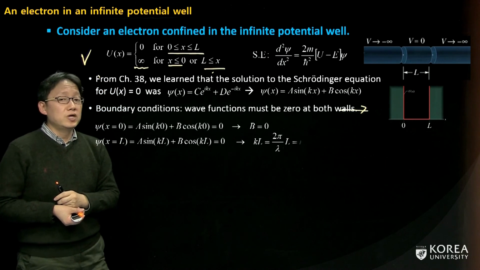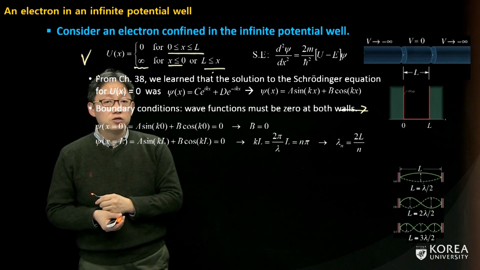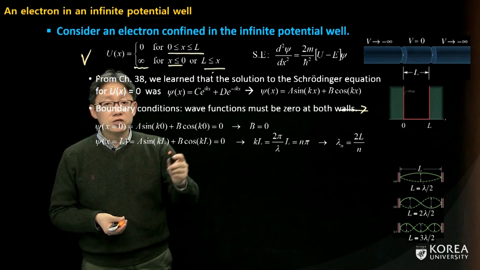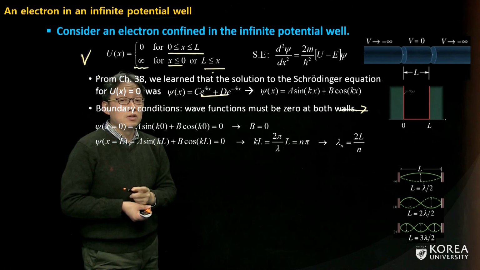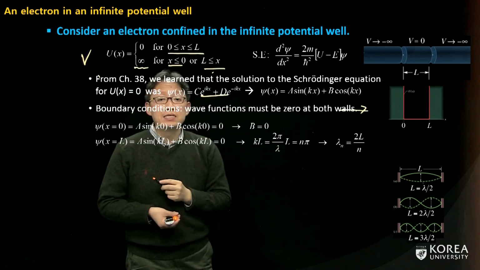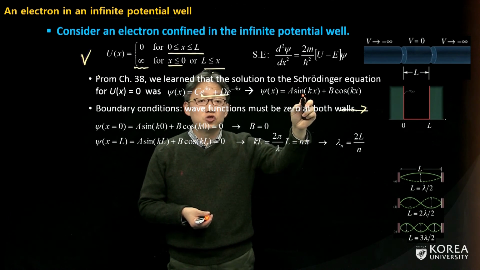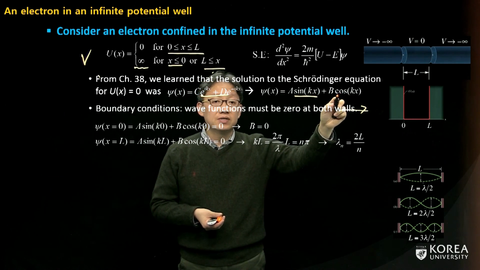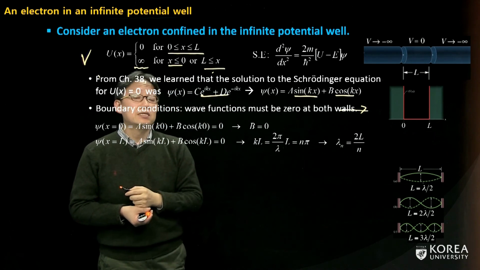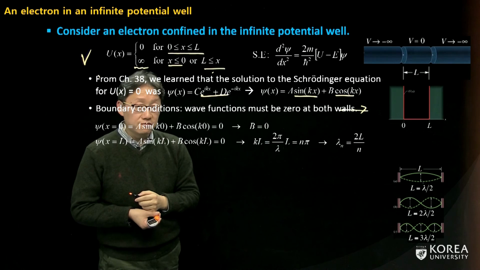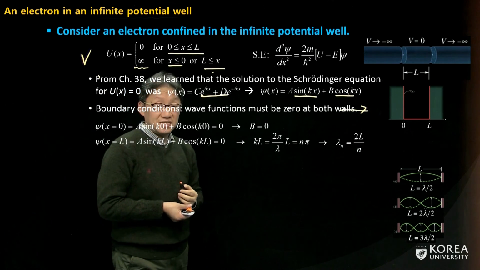If you remember from chapter 23, we learned that the general solution to the Schrödinger equation can be written in the exponential form like this. But we also learned that the exponential of a complex number can be changed into a sine function and a cosine function. Here, we will use the sine and cosine form instead of the exponential form because it is simply easier.